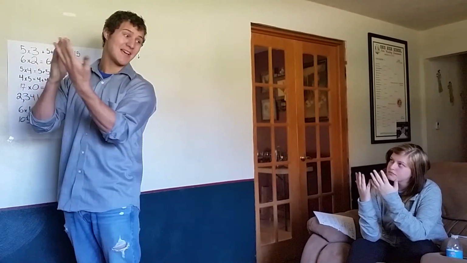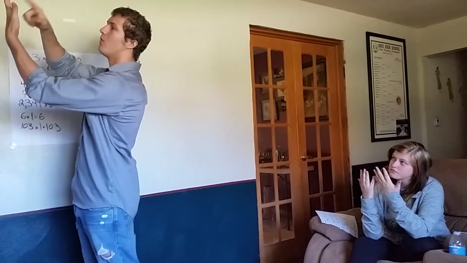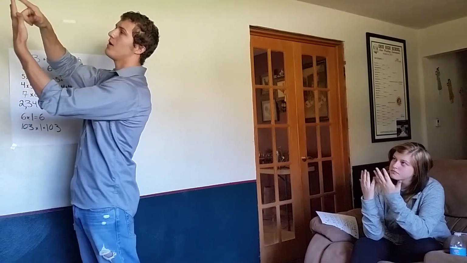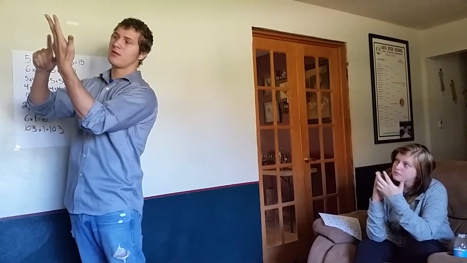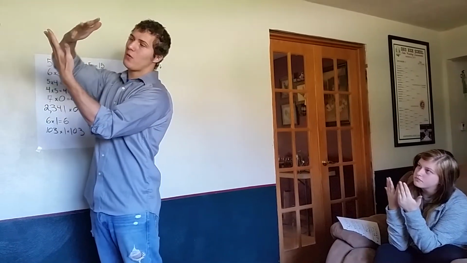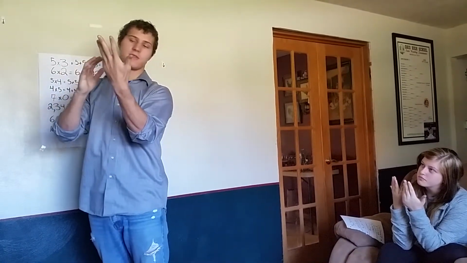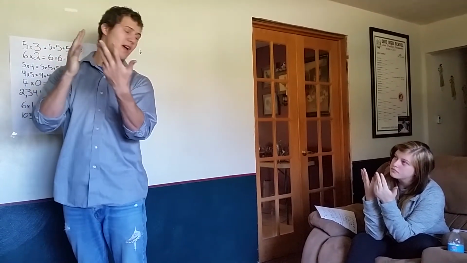And since the problem is 9 times 5, you're going to count over to your 5th finger. So you're going to go 1, 2, 3, 4, 5. And on that 5th finger, you're going to put it down, just like that. So now what you have left over is 4 fingers to the left of your finger that's down, and 5 on the right.